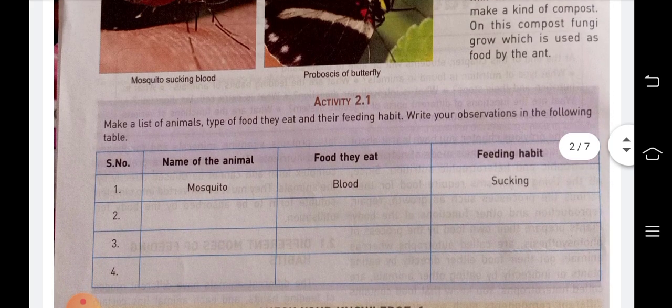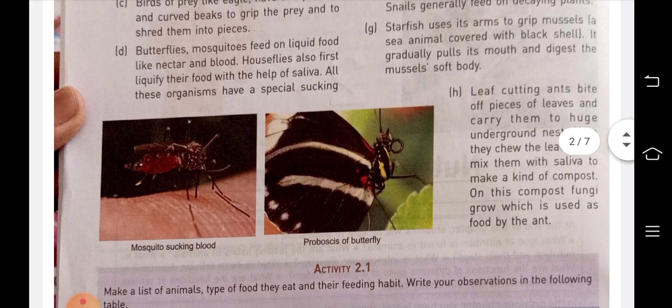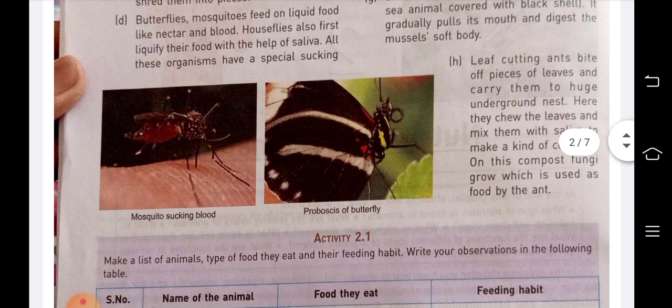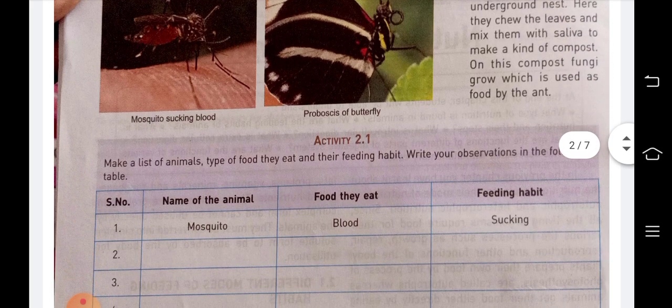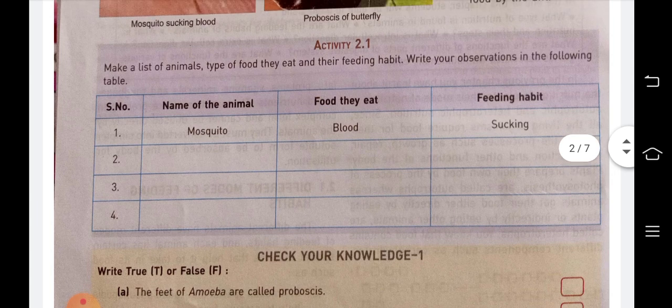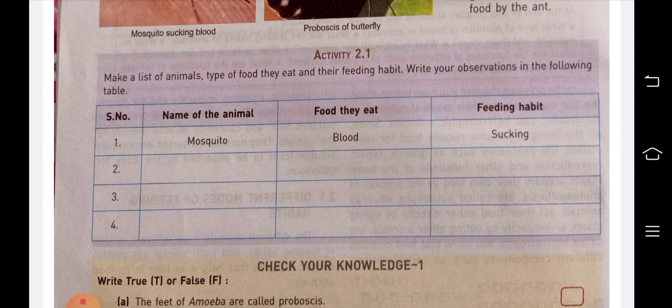So the different organisms feed differently, and there are special organs responsible for their feeding habit. So, in this Activity 2.1, you have to write the names of 3 animals.